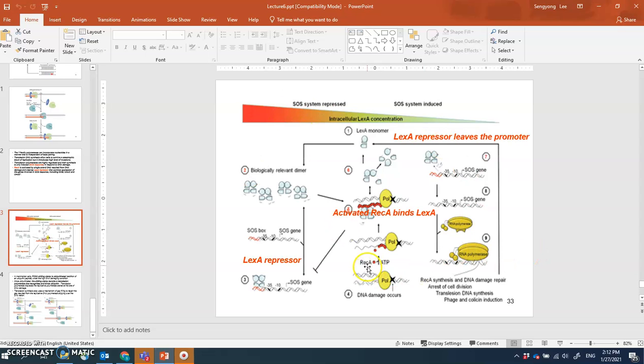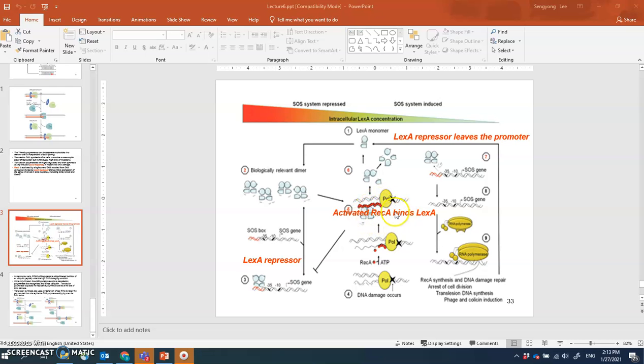Okay, so this showed you the SOS response. LexA and RecA are the key proteins that control it. LexA is a repressor that binds the promoter element, and that repressor means it turns off the transcription of many genes. But the LexA repressor can be inactivated if it binds with RecA, and RecA can only bind with LexA when RecA is activated.